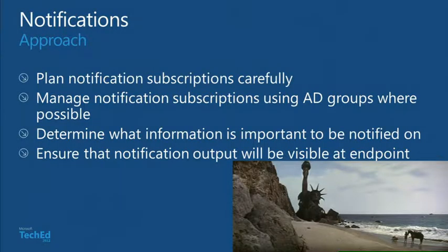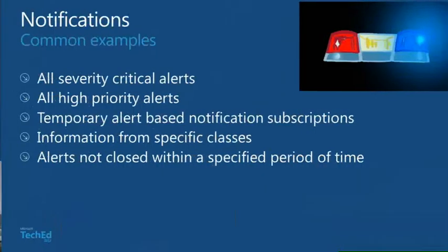Do leverage Active Directory as much as possible and use groups and group membership, and then handle subscribers in that way. And then you attach your notification subscriptions to your subscribers, right? But depending on your strategy, whether you're using notifications as an escalation or as a primary monitoring strategy, you'll adjust your notification subscriptions accordingly.